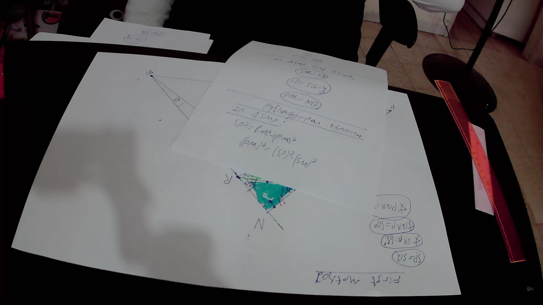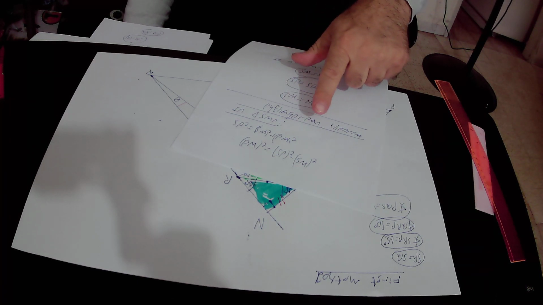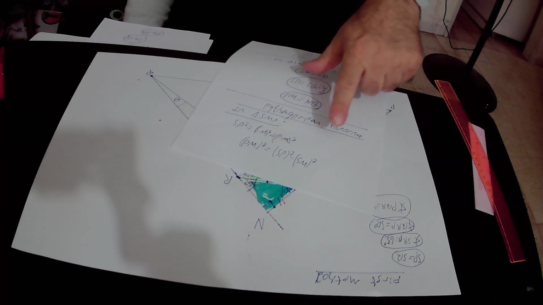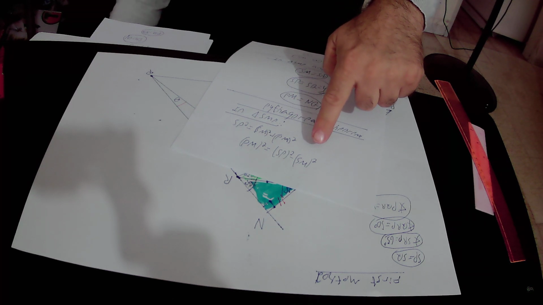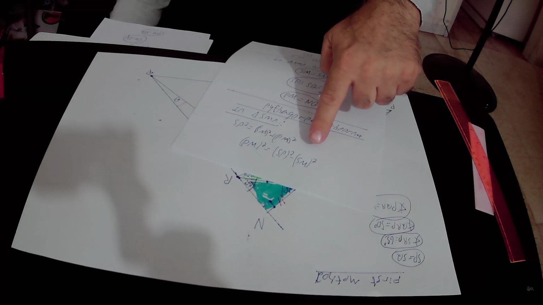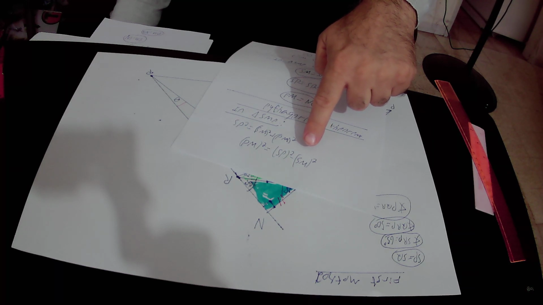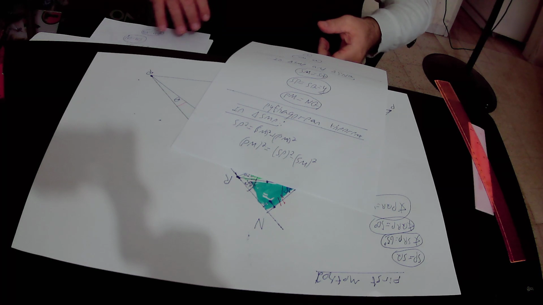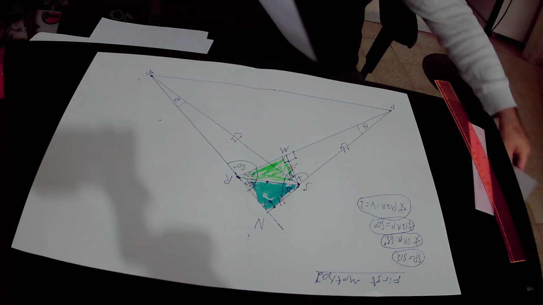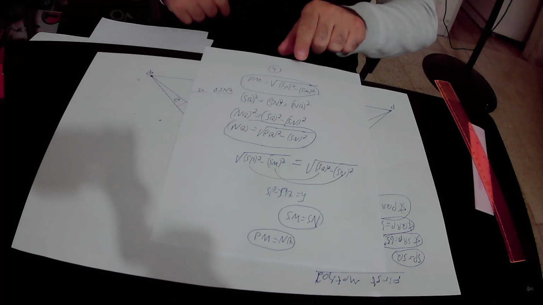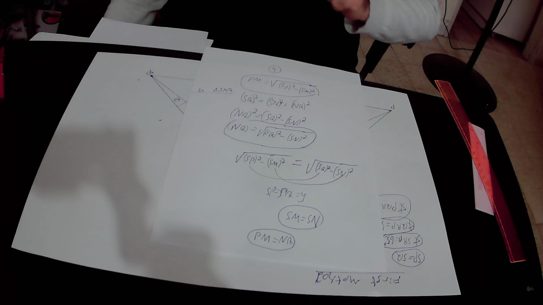Here we subtracted SM square from this equality and got that PM square equals SP square minus SM square. Then we took a root of this equality and got that PM equals the root of SP square minus SM square.